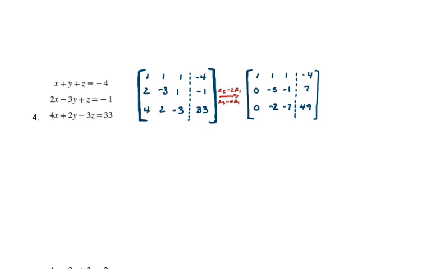So now, looking at what I have, I'm going to try and figure out a way that I can make another entry 0 in one of my rows. So what I'm actually going to do is take row 3 and subtract 7 times row 2. So what that'll do is if I take row 3 and subtract 7 times row 2, I would get one of my entries to become 0.